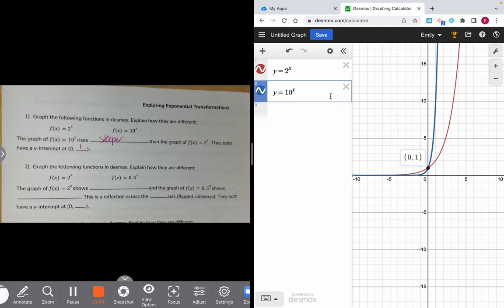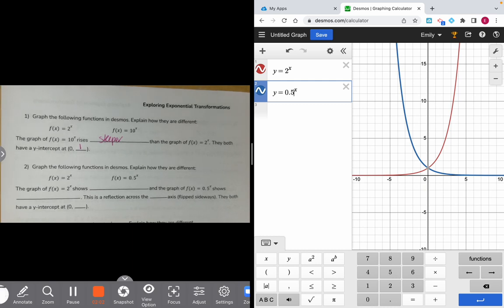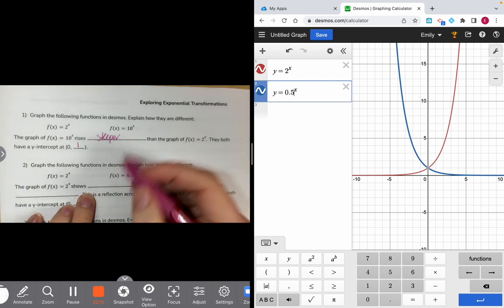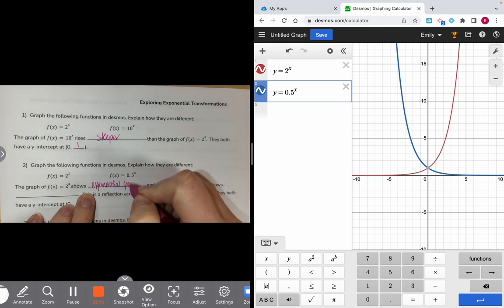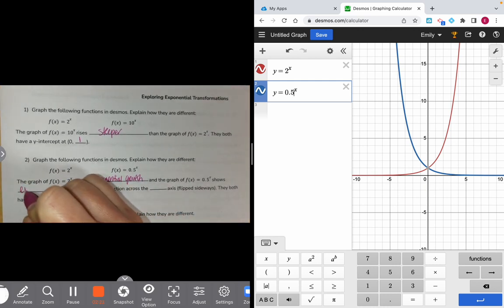The second step asks us to take that same first equation and change the second one from 10 to 0.5. You'll see that the graph of f of x is equal to 2 raised to the power of x shows exponential growth, getting larger, whereas the other shows exponential decay.